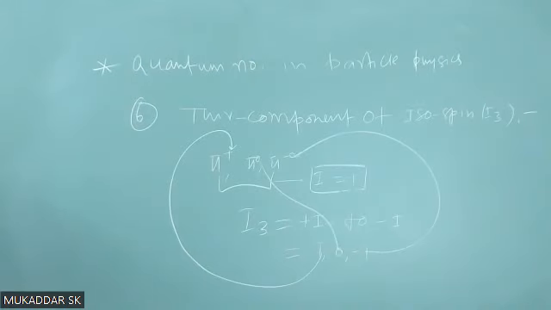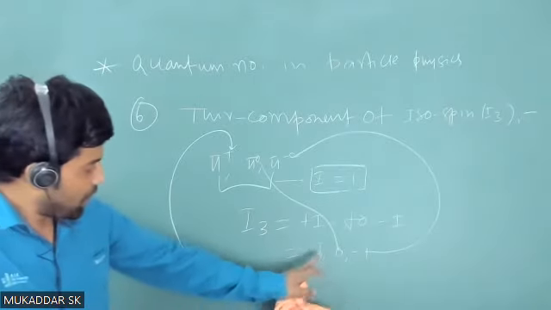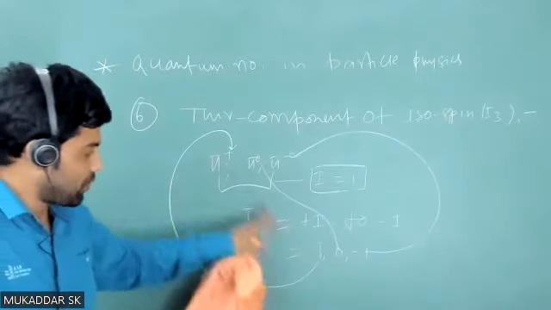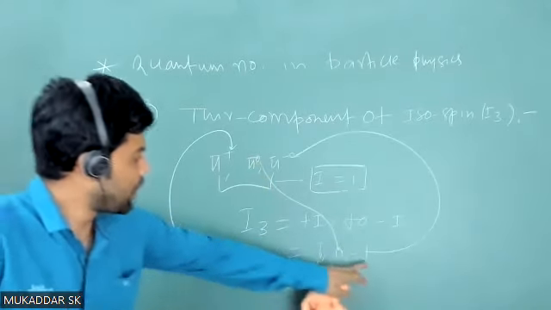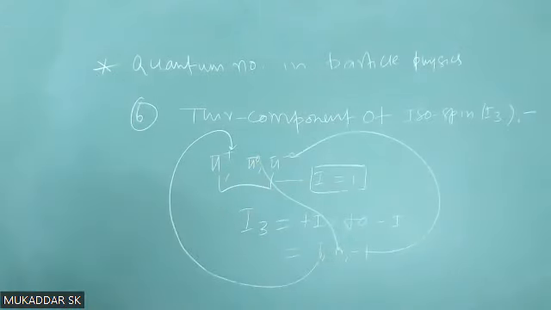Depending upon the charge state, that number is given. So plus 1 goes to pi plus, 0 goes to the intermediate, that is pi 0, minus 1 goes to pi minus, and so on.